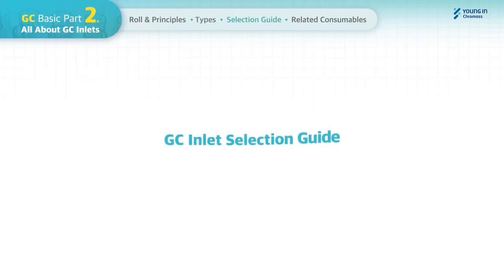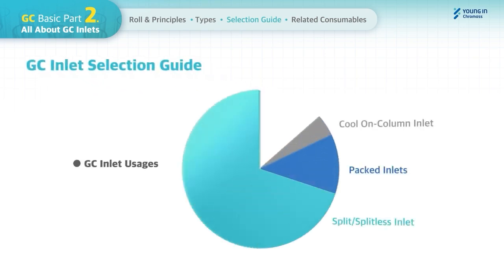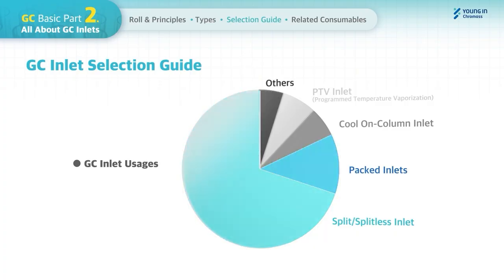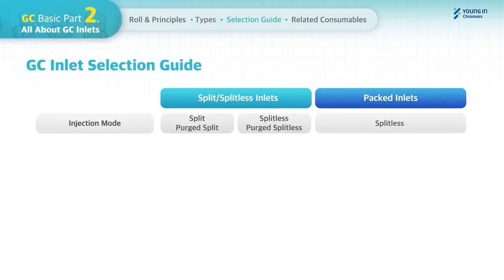Then how can we select the right inlet for sample analysis? There are several GC inlets in the market, but still, splitless inlets and packed column inlets are the most commonly used inlet on GC. So, this made GC inlet selection simple, and you may consider more for the method development, including column and detector selection. There are two injection modes in splitless inlet, while packed inlet has no selection of injection mode.